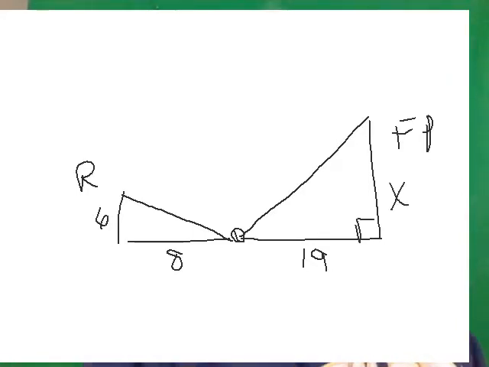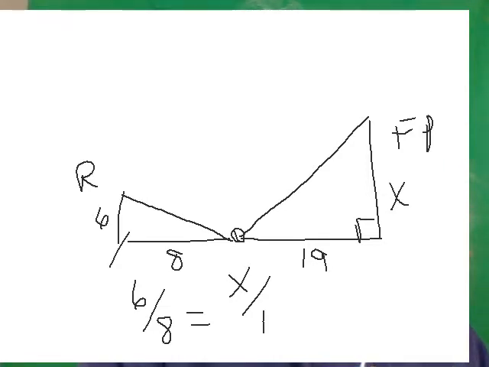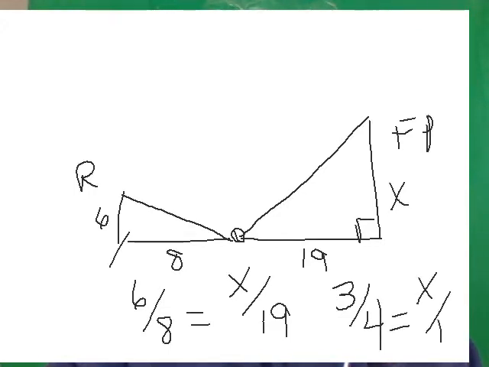So 6 over 8, the height of Ricky over the distance to the mirror, is equal to the height of the flagpole over the distance from the mirror to the flagpole, which is 19. 6 over 8 is going to reduce to 3 over 4 equals X over 19. I'm going to move up here.